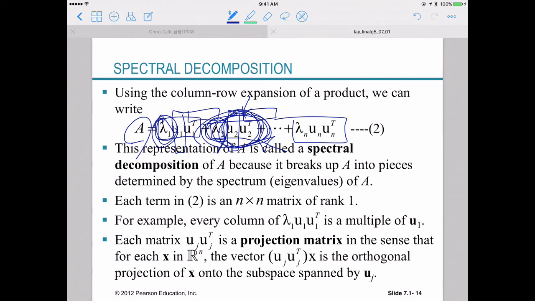When thinking about this, A times X, right? In that case, we can understand a little bit about why it is called a spectral decomposition. So A is decomposed into rank 1 outer products, which means rank 1 projection matrices, and then they have different weights.